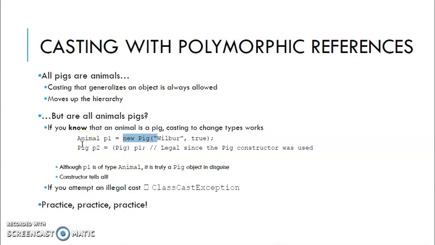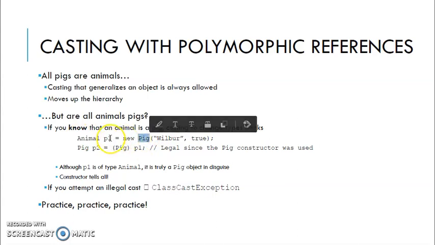So casting can allow you to change reference data types, but you have to be extremely careful because you need to be verifying that that is actually the type of data that you have. Because P1 was technically constructed as a pig, I can take P1 and cast it into a pig and then store it as a pig reference. That is 100% allowed. If by chance you try to do this and it's incorrect, let's say, for example, I have the same exact line, but instead of saying new pig, it says new cow.